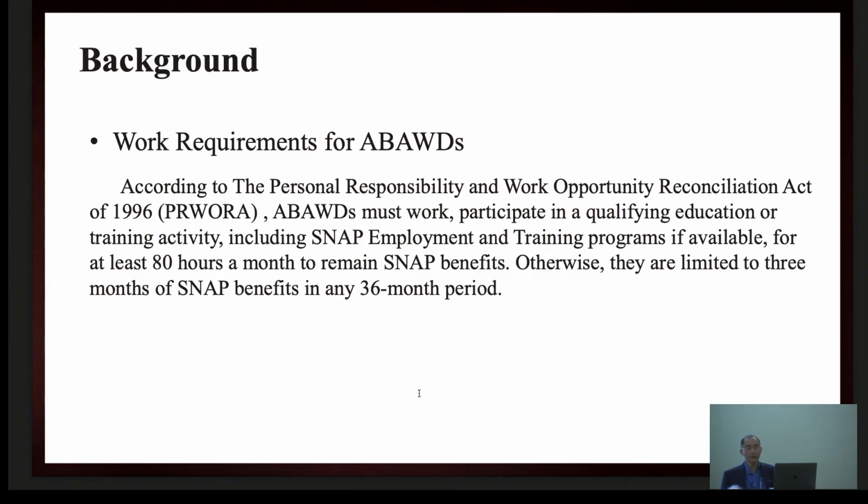Otherwise, they're limited to just 3 months of SNAP benefits within a 3-year period, any 3-year period, okay? It's quite controversial, as you might imagine, right? Because the question here is whether these work requirements really help in terms of their employment and labor outcomes.